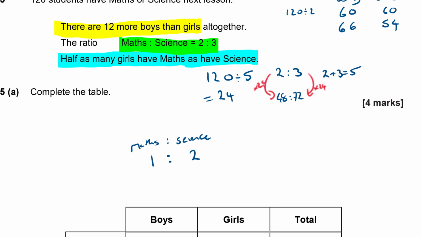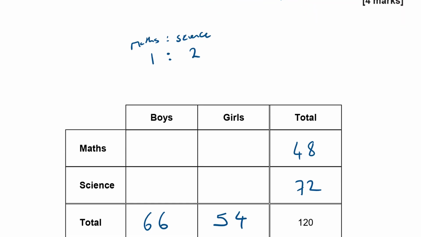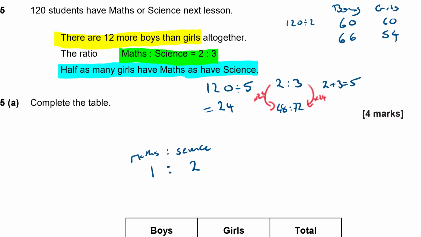Okay, so again, if you remember, we've got 54 girls altogether from the table. So if I take 54 and divide it in a ratio of 1 to 2, well, 1 plus 2 is 3. So let's divide 54 by 3 then. 54 divided by 3 is 18.